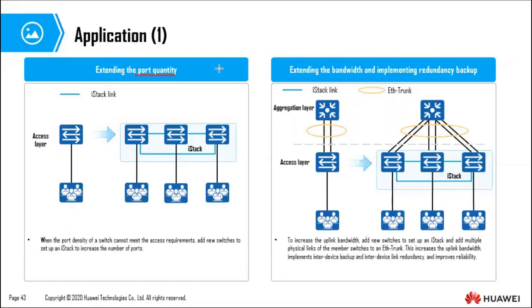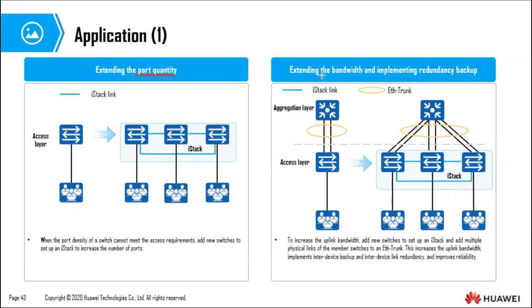So for example, you're having a lab that has 25 machines, and they're using Ethernet cables, right? But the switch that you have only provides 12 interfaces. So what you can do is find another switch that has another 12 interfaces, then combine them together into a single switch. And now you are able to connect all the other devices in your lab. Are you getting the point? That is what we call extending the port quantity.